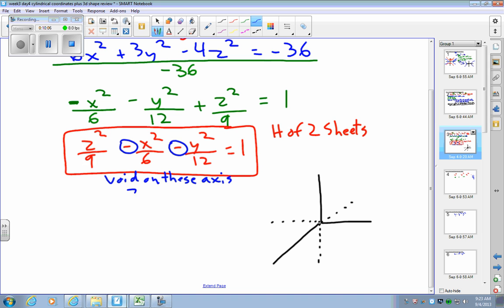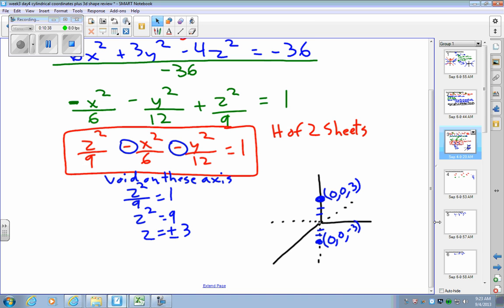So I know it's going to be z squared over 9 has to equal 1. Z squared equals 9, so z equals plus or minus 3. So what I know now is at least it goes up 1, 2, 3, and there's an intercept at 0, 0, 3, and down 1, 2, 3, 0, 0, negative 3. Okay, so you have that.